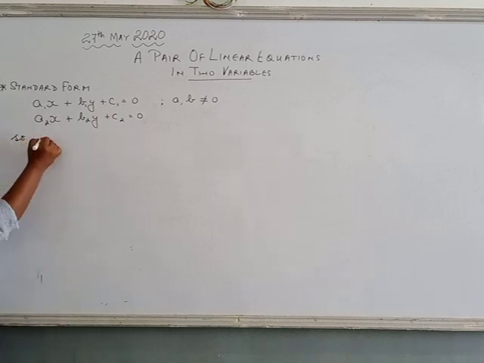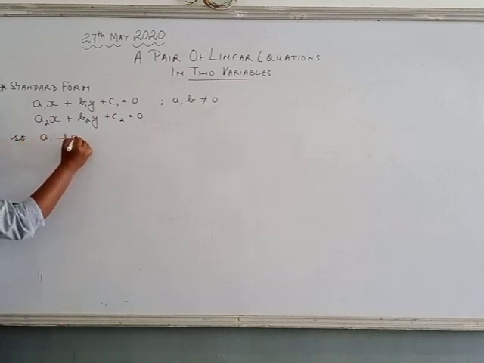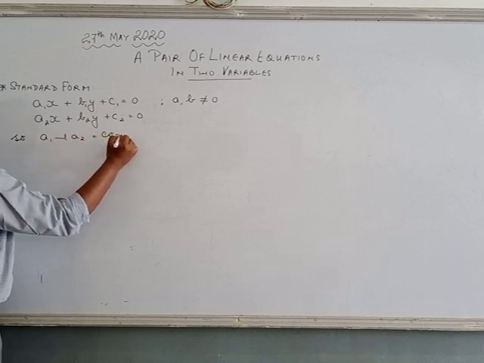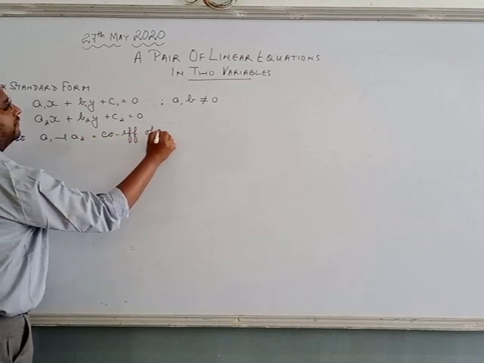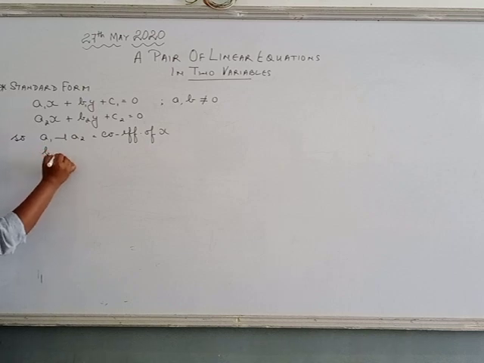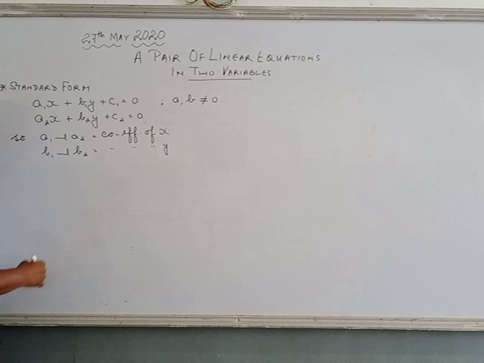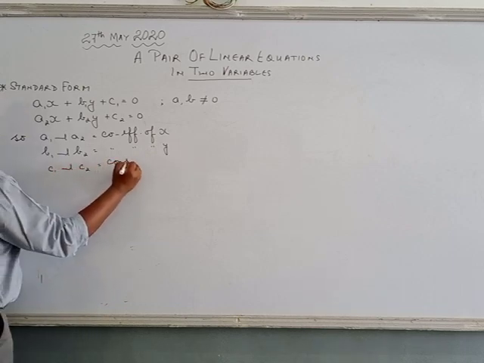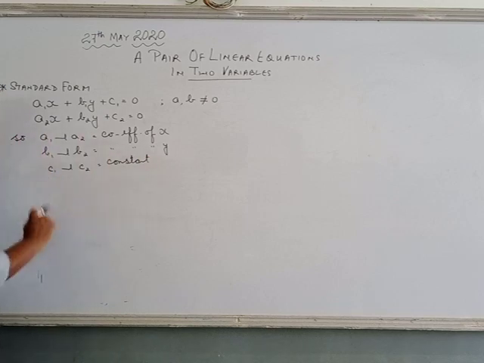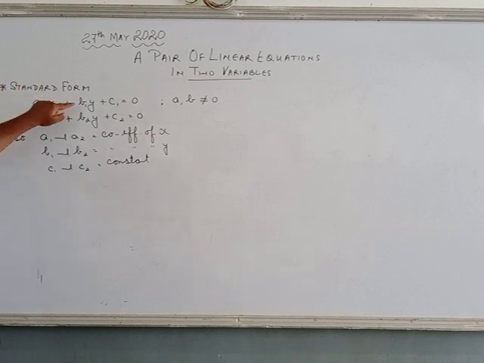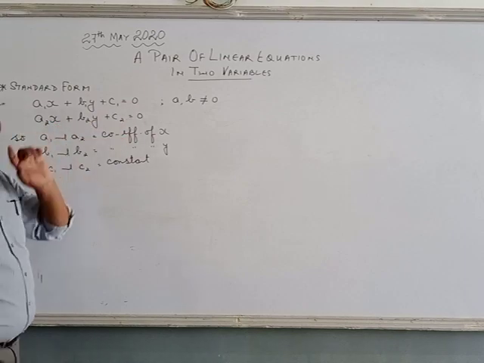So we can say a1 and a2 are coefficients of x, b1 and b2 are coefficients of y, and c1 and c2 are constants. This is the standard form of any linear equation: a1x plus b1y plus c1 equals 0, a2x plus b2y plus c2 equals 0.